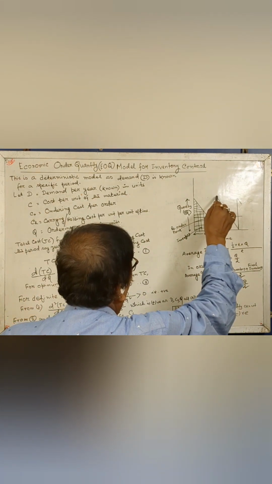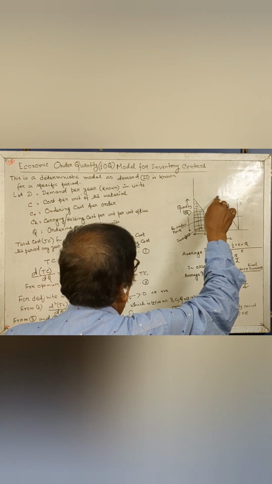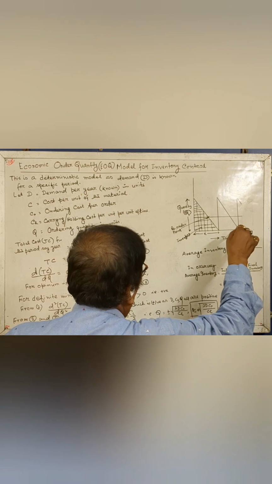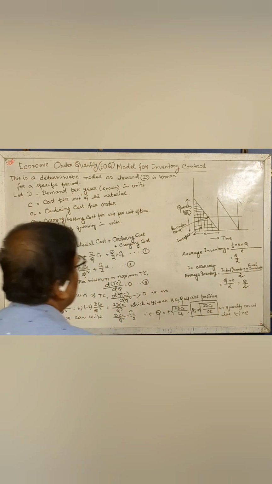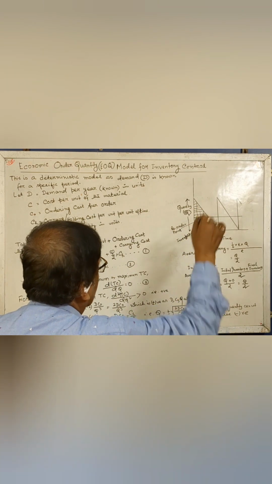Again the next order is received here, the inventory size is Q, and uniformly it is used and reduced to zero. In this manner, the EOQ model is functioning.